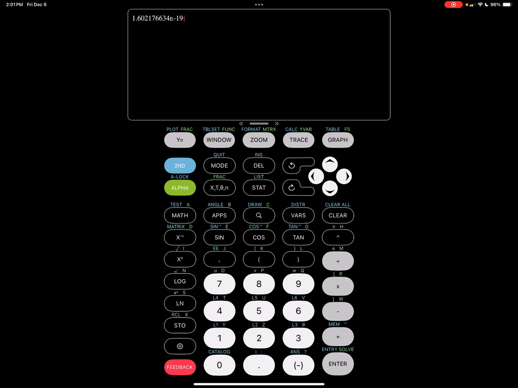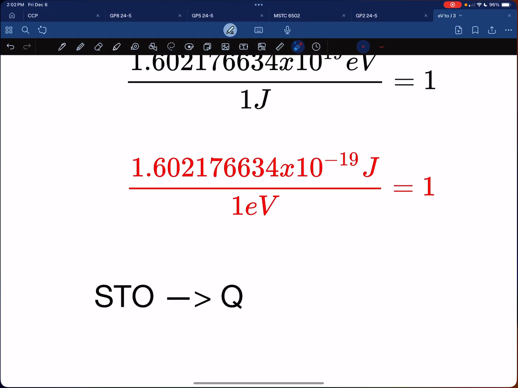We're going to store it by using the STO key, and we're going to store it as the letter Q, which is alpha 9, because the Q is in the letter green, we'll have the green key, and we hit enter. Now if we clear our screen and we hit alpha 9, it draws up the letter Q and recalls the number. So now we never have to enter that number again.